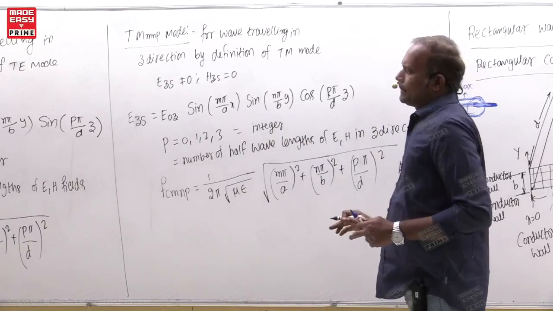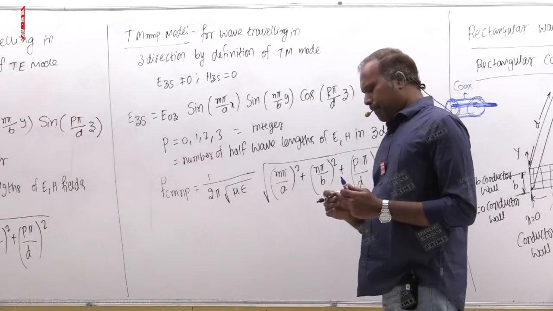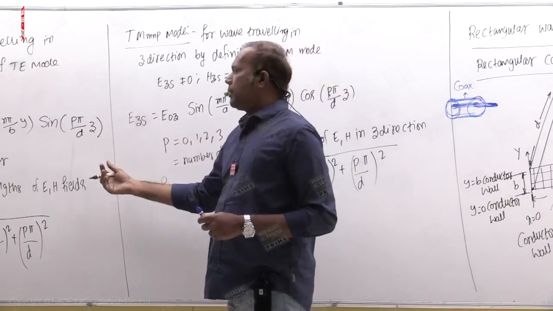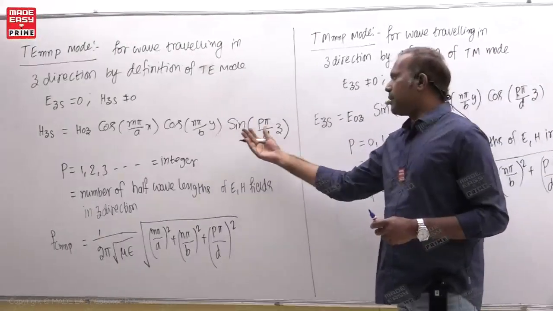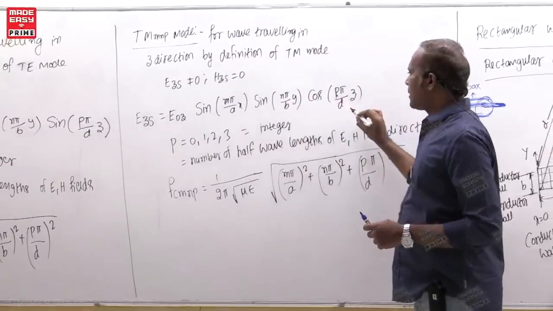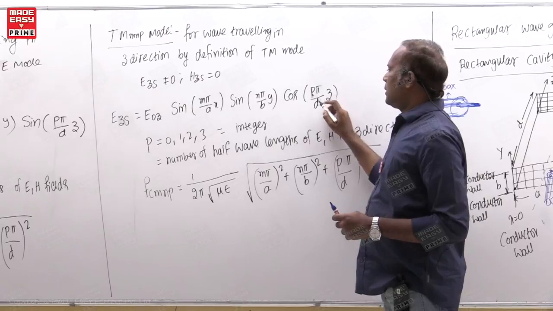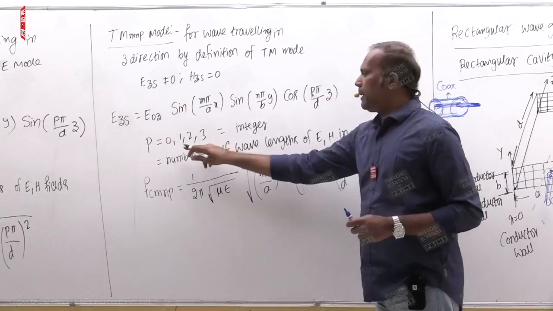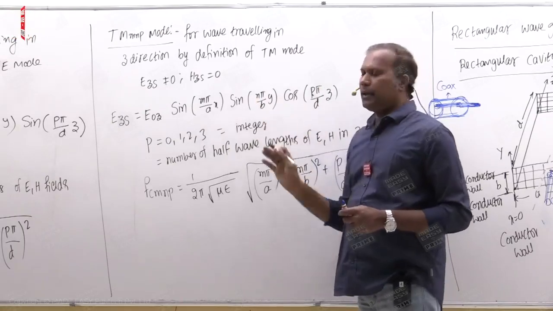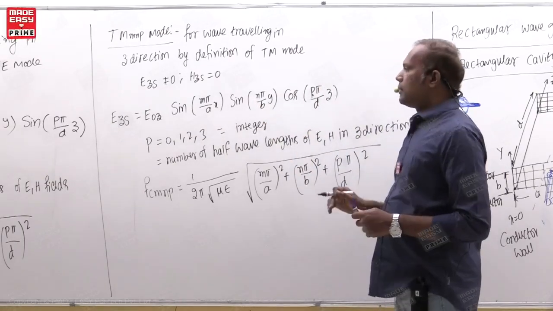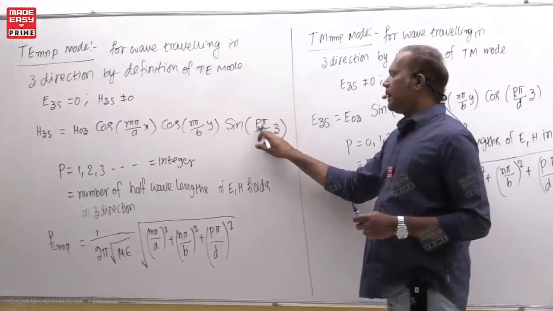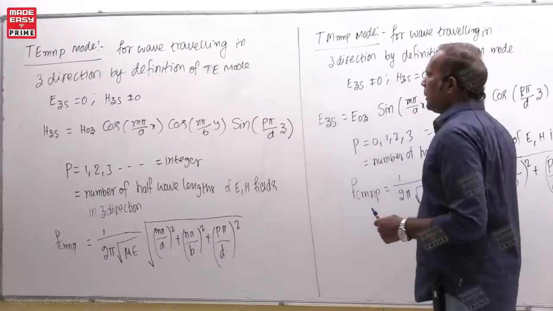Okay. So anyway, if they ask an objective question, then in TMNP mode, the field is sine sine cos. You remember, because cos cannot become 0. So even with P 0, cos 0 is 1. It won't make that component 0. Here P is equal to 0 is permitted, but in the TE case P 0 value is not permitted.